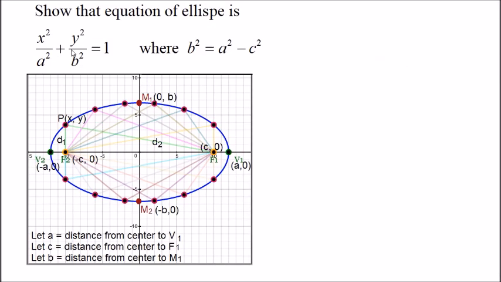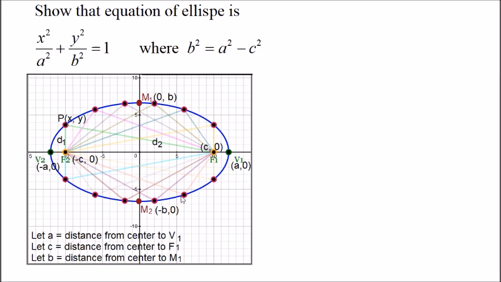And now I want to show that the equation of this ellipse with the center at 0, 0 is x squared over a squared plus y squared over b squared is equal to 1. And so A is the distance from the center to V1, vertex 1. B is the distance from the center to this point M1. And C is the distance from the center to F1.